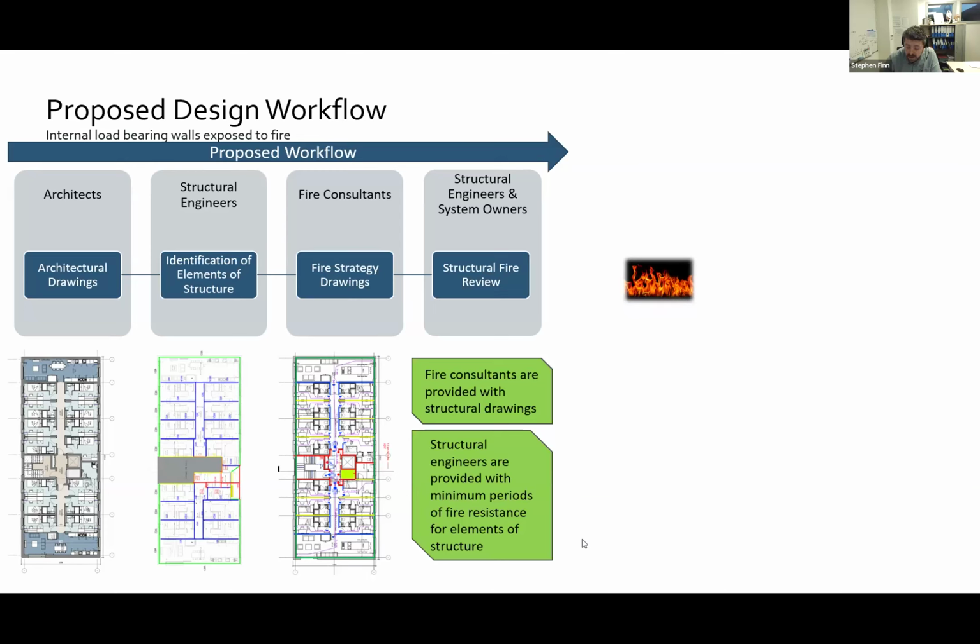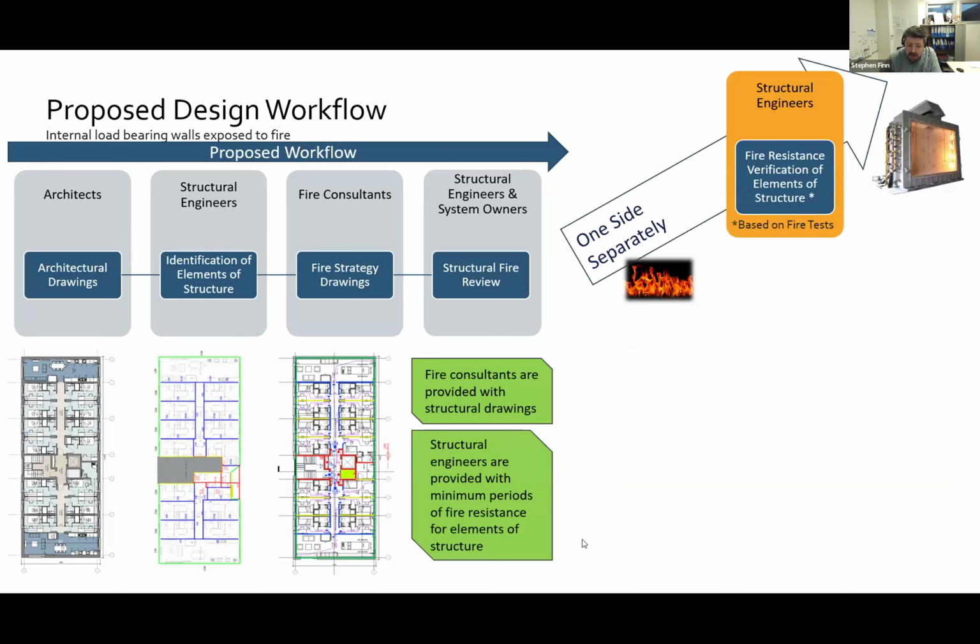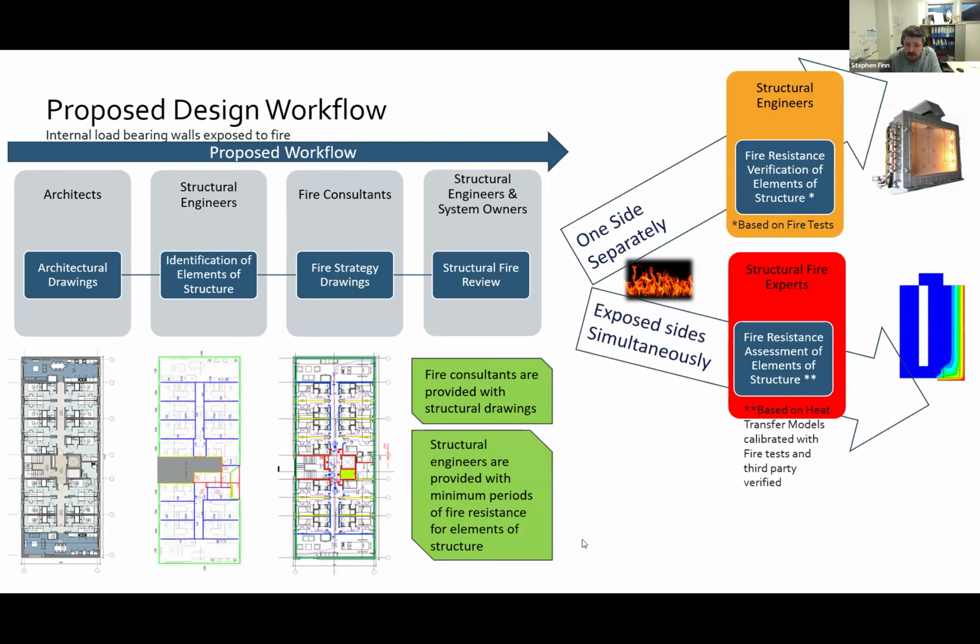What the structural engineers and the system owners can then do with their tested information, when we have this kind of collaborative fire strategy, it easily identifies potential outliers or gaps within the initial testing information from the direct field of application, and we can then do desktop assessments on increasing those fire tests to ensure that we're suitably covered and we're suitably designed, whether they be initial one-sided desktop assessments or more advanced two-sided fire resistance assessments.